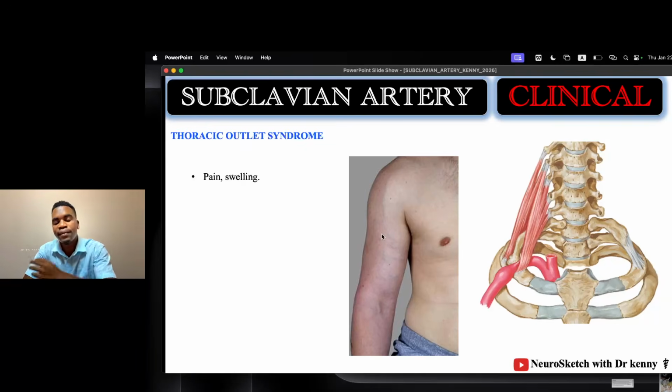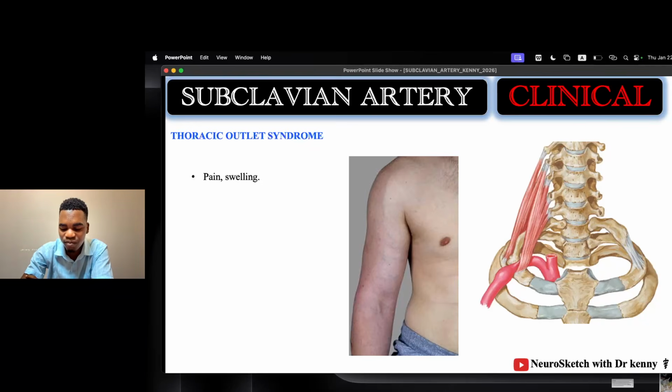The clinical presentation will be pain and swelling of the limb, but also because the subclavian artery is related to part of the brachial plexus, this compression can also affect the brachial plexus and limit motion, so the function of the upper limb can also be impaired.